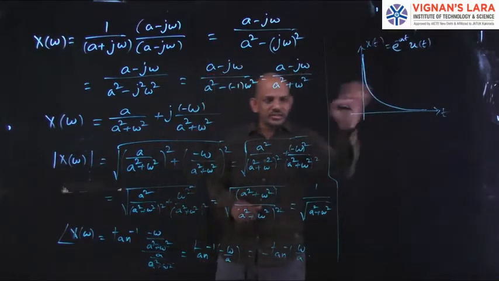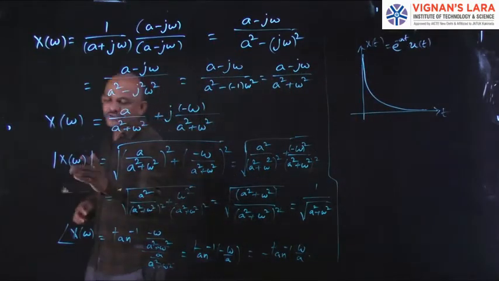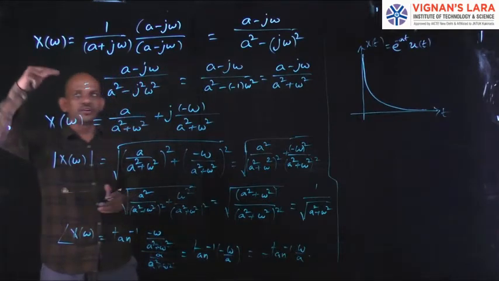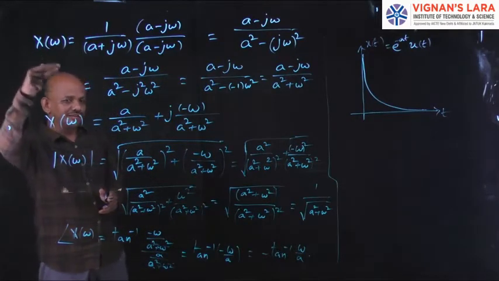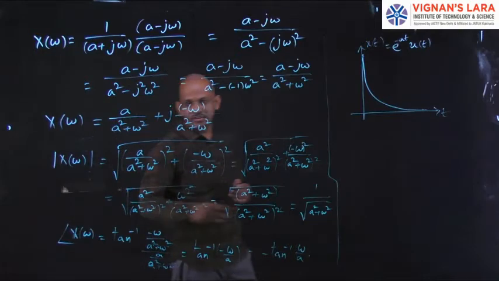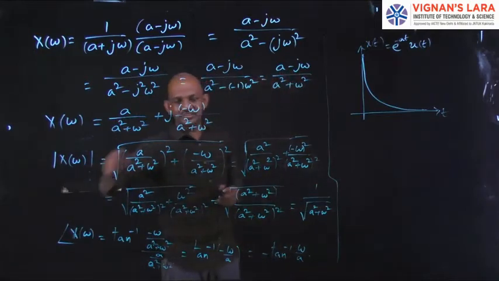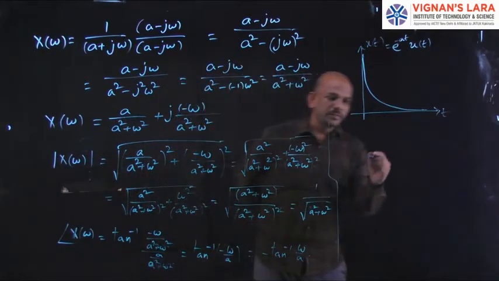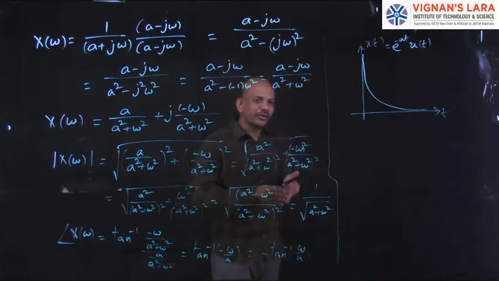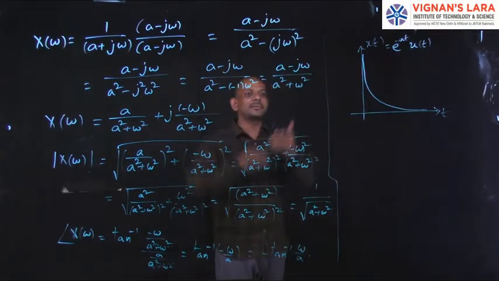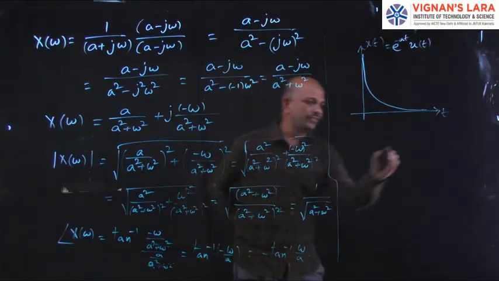Now for this I have to go for the magnitude spectrum. For that I have to find out the Fourier transform X of omega, and then go for the magnitude of that one, that is mod of X of omega. So for this I have to draw the graph. So magnitude spectrum is nothing but the plot of frequency versus the magnitude. Okay, so the graph will be like this.